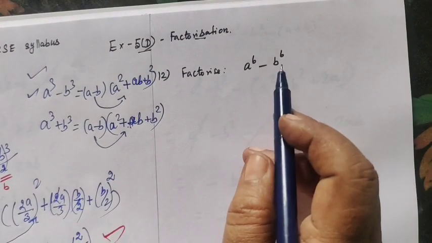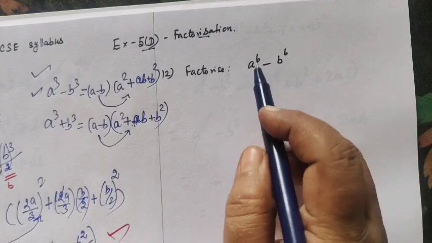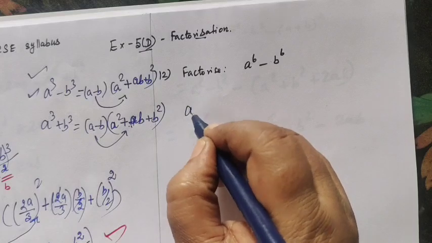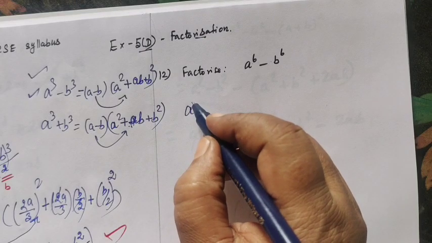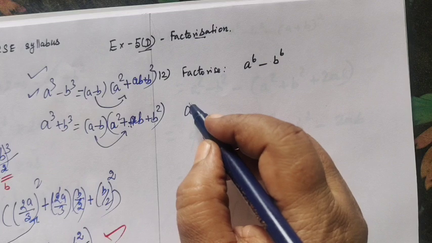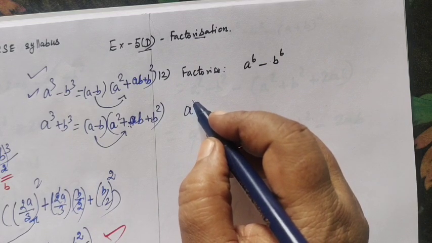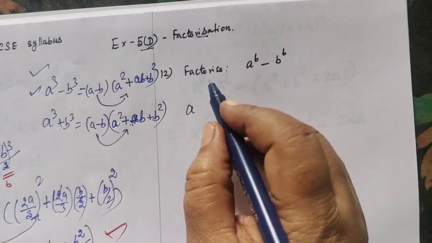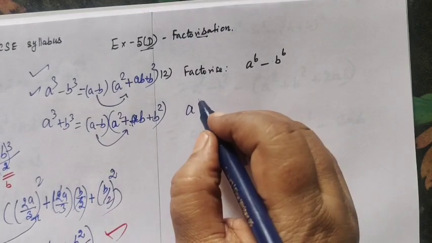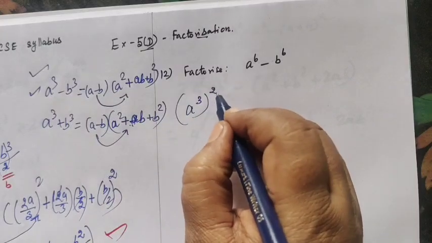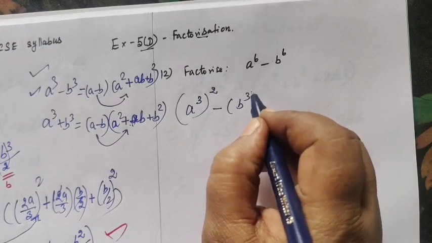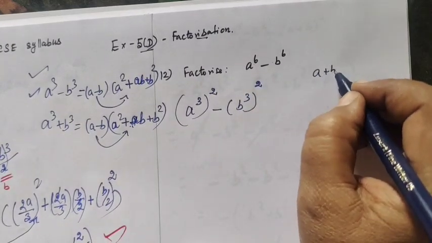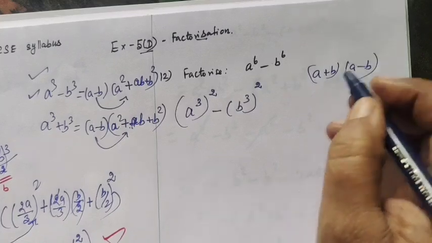Now factorize a power 6 minus b power 6. Here using the identity, this can be written as a squared whole cube minus b cube. Now this is written as a cube whole square minus b cube whole square. 3 2s are 6. So with the a squared minus b squared formula, a plus b into a minus b.